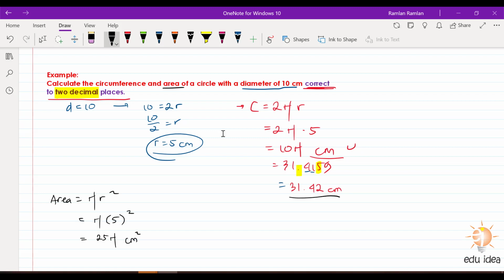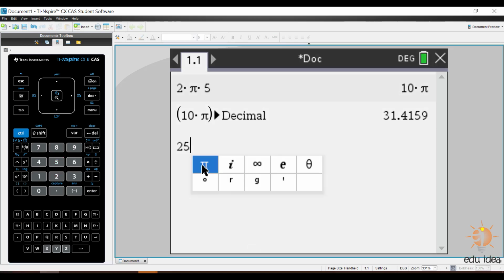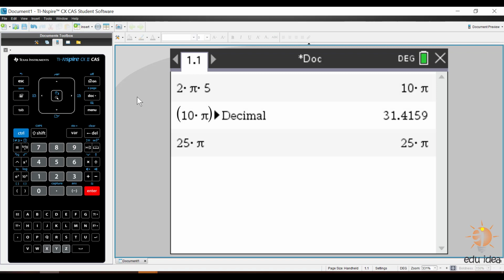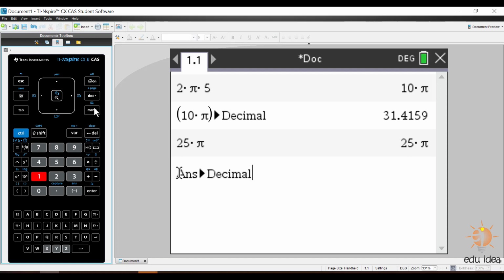Then again, guys, because the question said correct to two decimal places, we have to use the calculator again and see what we got. Okay, so that'll be 25 and then pi. Then I'm going to press the equal sign, and change this into decimal form. Okay, guys, so 78.5398.